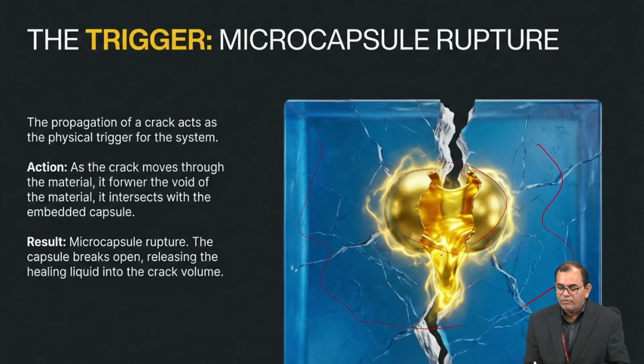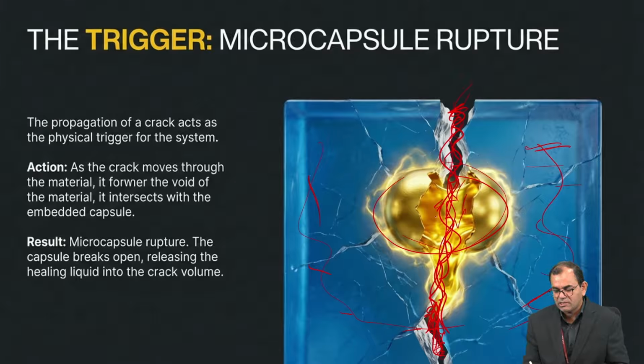Here we can see whenever there is a crack across that microcapsule, this is a microcapsule and this is the material matrix, and based on that crack, this microcapsule has been activated, stimulated based on this damage, and it is releasing whatever content is there, and then finally that content will help us to fill these gaps. Okay, I hope this image is explaining very nicely how this is working.